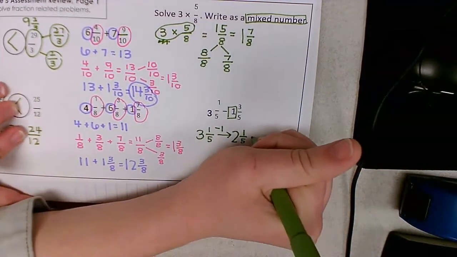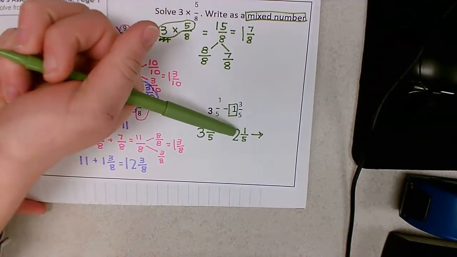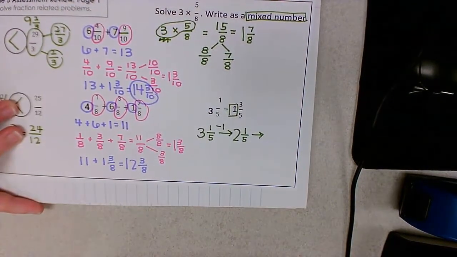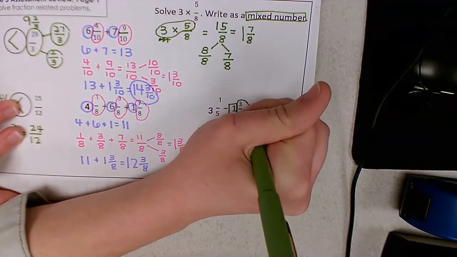In a perfect world, my next step would be to only take away 1/5, because then I could get to the number 2. But here's the problem. I have 3/5 to take away.